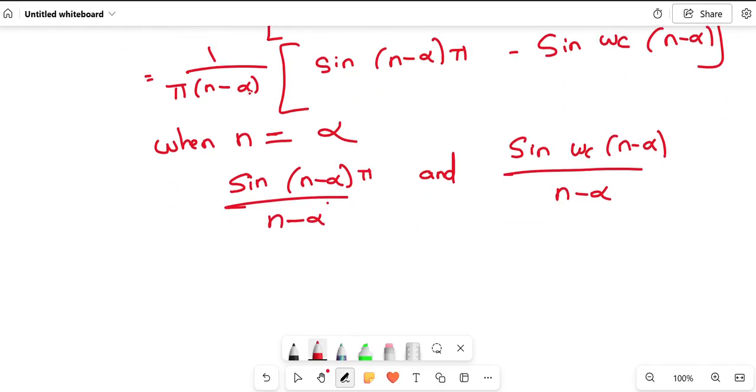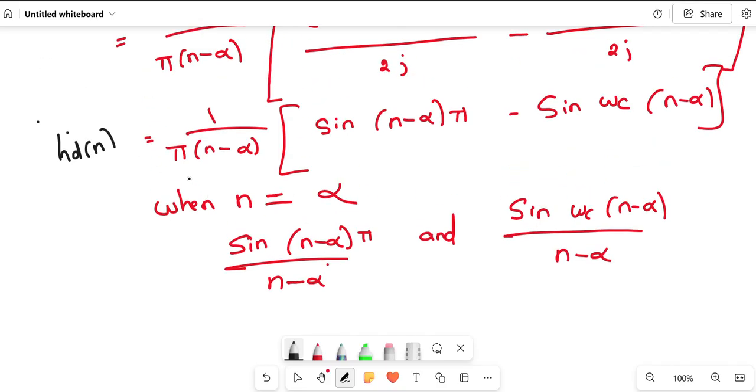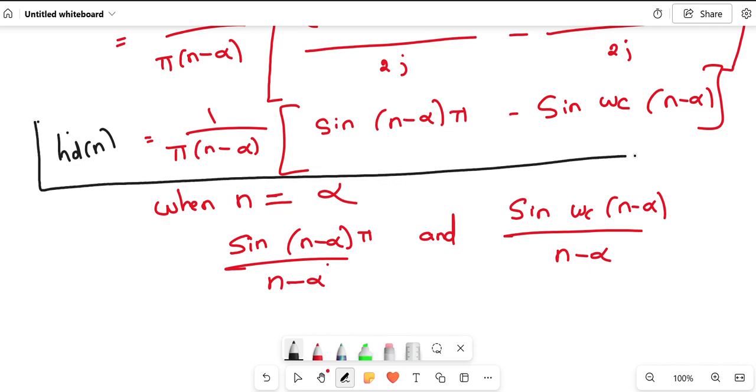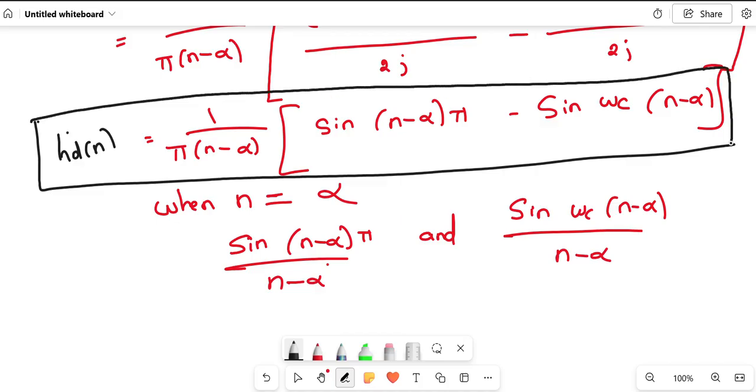So when n is not equal to alpha, this is the equation: 1 by pi into (n minus alpha), sine of (n minus alpha) into pi minus sine omega c of (n minus alpha). So this is hd of n, for n not equal to alpha.